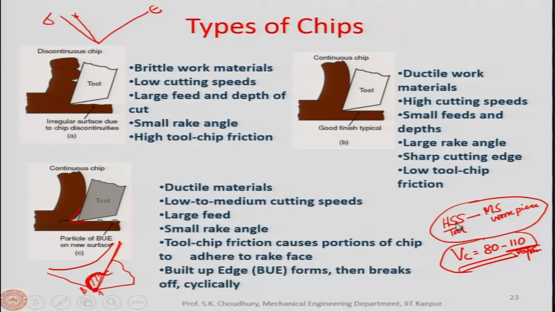Particularly, I mentioned that for mild steel as the workpiece and high speed steel as the tool, the cutting velocity is normally in the range of 80 to 110 meters per minute.